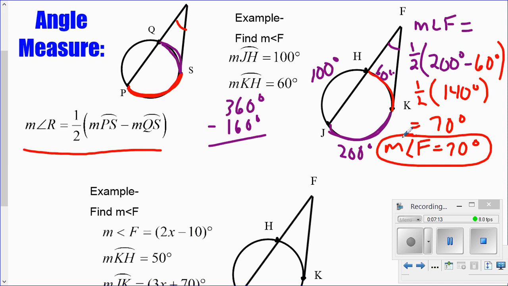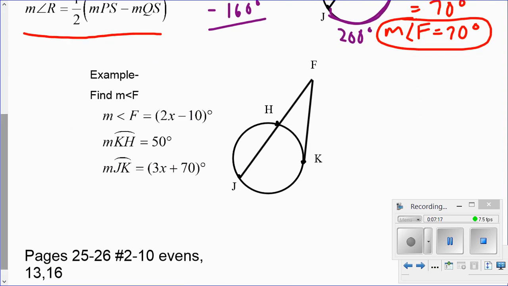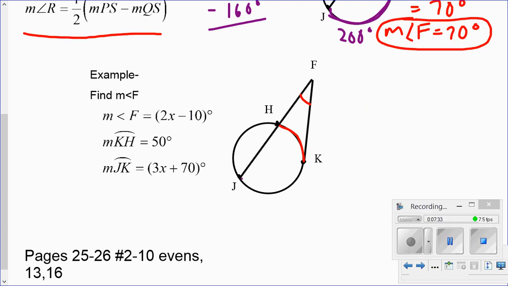So the measure of angle F is 70 degrees. Okay, so let's look at one more example here. This example is very similar, except we have some algebra involved. I do still see that I have this smaller arc, this angle on the outside, and this larger arc.